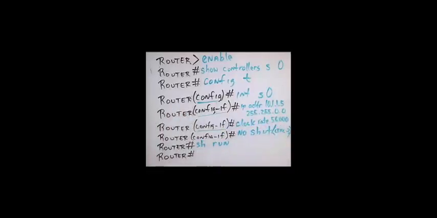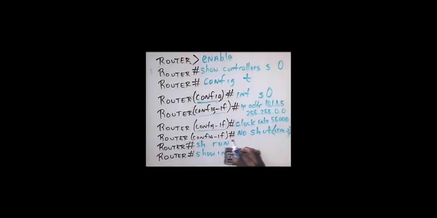Remember the show run command, this is the running configuration located in the RAM. This will show all of the configuration of all of my interfaces along with the rest of the router. I can issue the show interface serial 0 command to see the configuration that I have here.